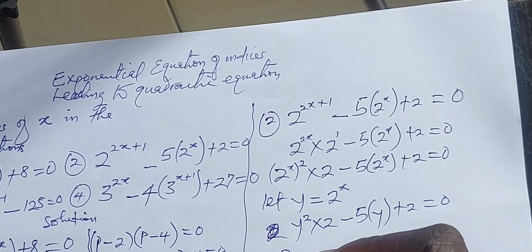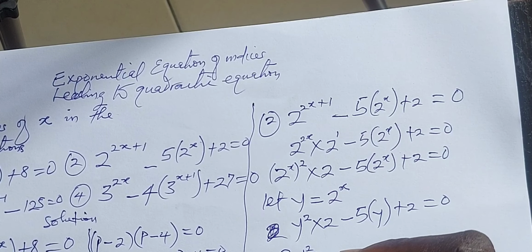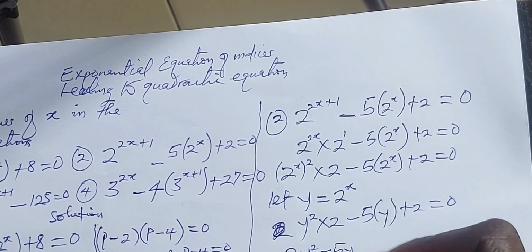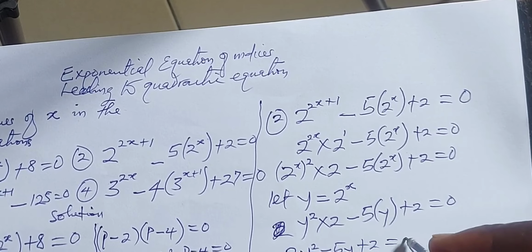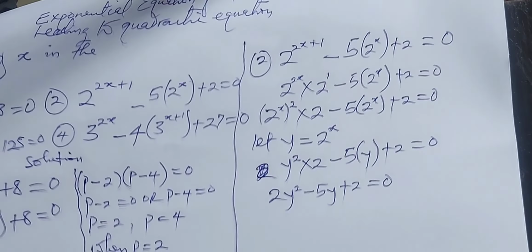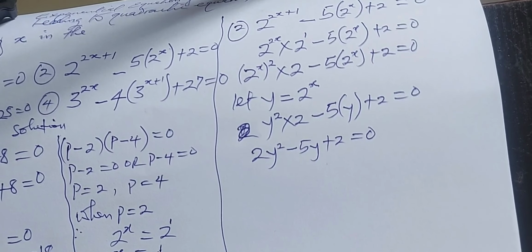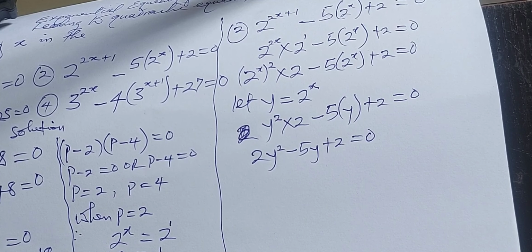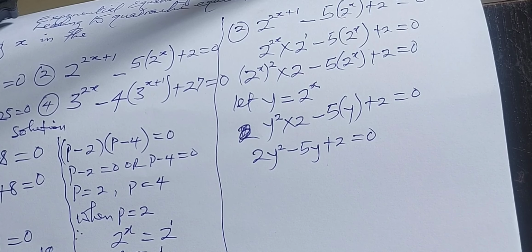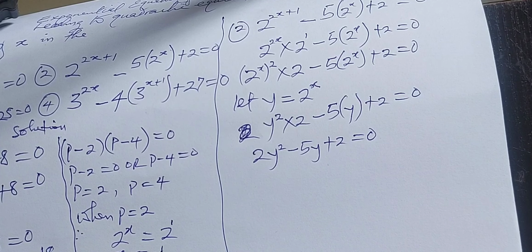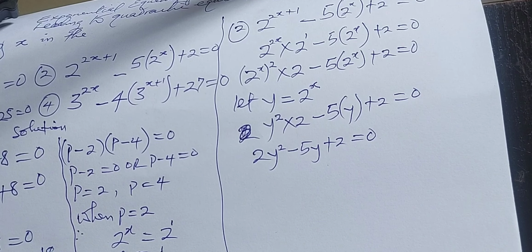We have 2y squared minus 5y plus 2 equals 0. This is a quadratic expression that we need to factorize, or solve by completing the square method, or by using the quadratic formula, to get the value of y before we can look for the value of x.